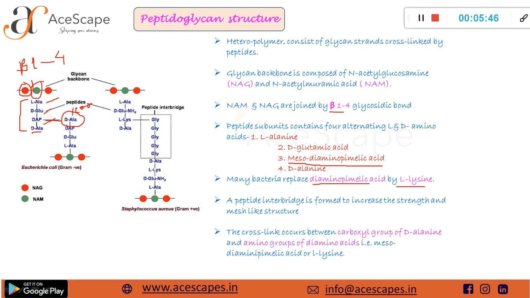In bacteria having diaminopimelic acid, there will be an interbridge between the carboxyl group of D-alanine and the amino group of diaminopimelic acid. In bacteria having L-lysine in place of diaminopimelic acid, there will be an interbridge between the carboxyl group of D-alanine and the amino group of L-lysine. This is the interbridge structure.